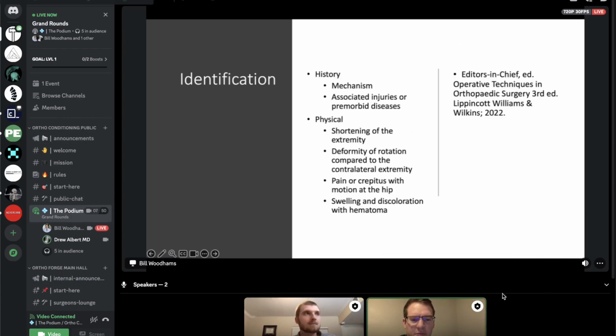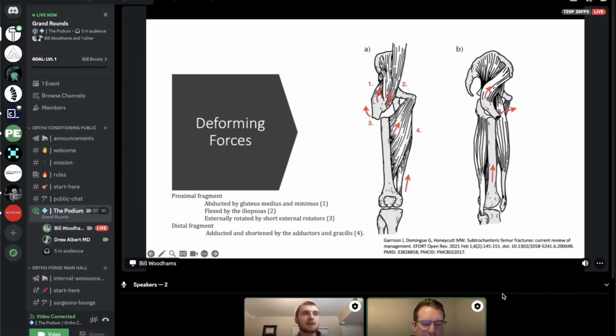Yep, just to interject really quick, this is probably one of the most important takeaways for subtrochs: this deforming force. It's a big differentiator between intertrochs and subtrochs, because some intertrochs, like we talked about a few weeks ago, can extend into the subtroch region, but they won't look like a typical subtroch, which has this very specific pattern where the proximal fragment flexes up, abducts, and then externally rotates.